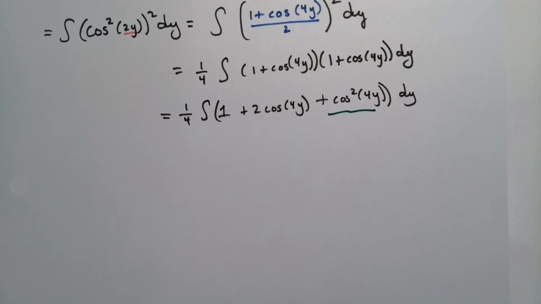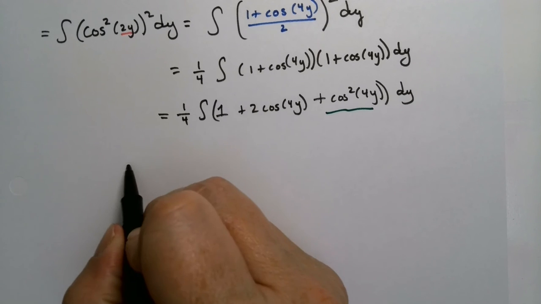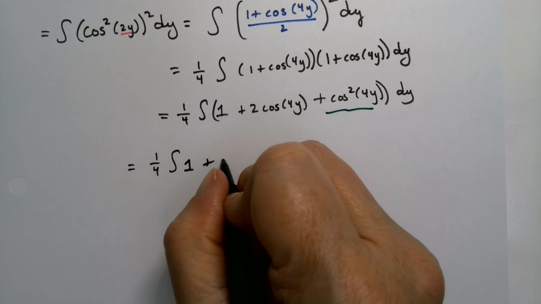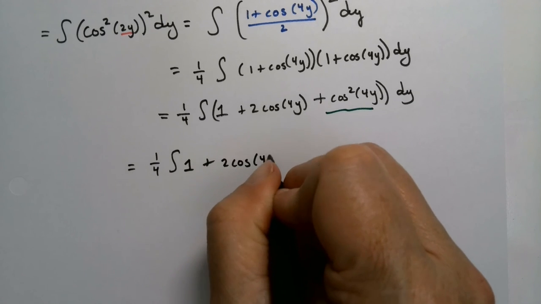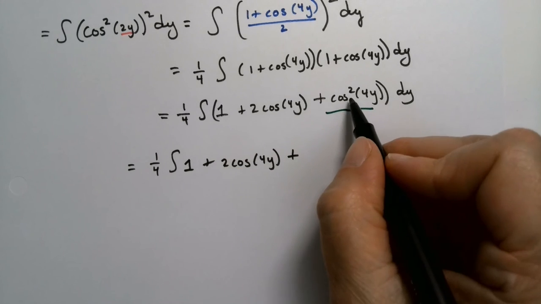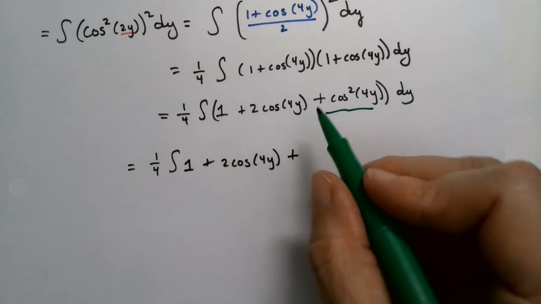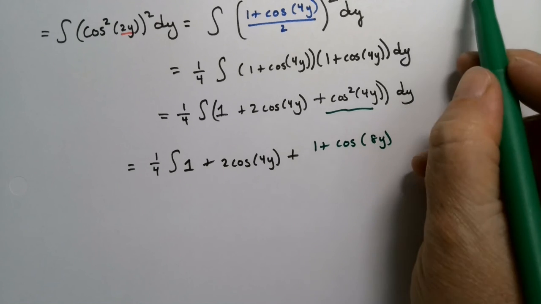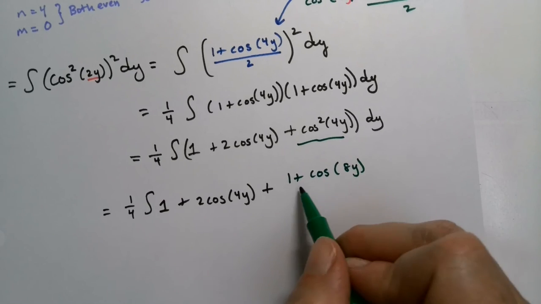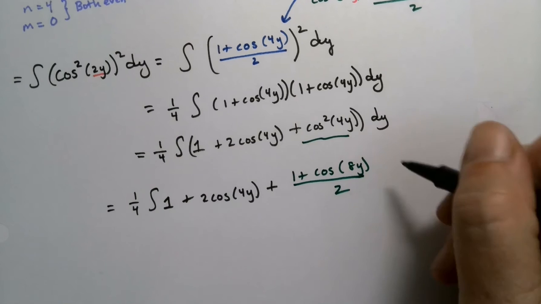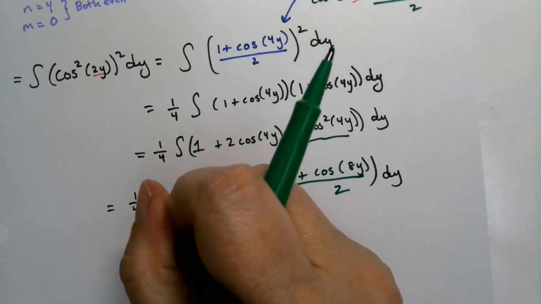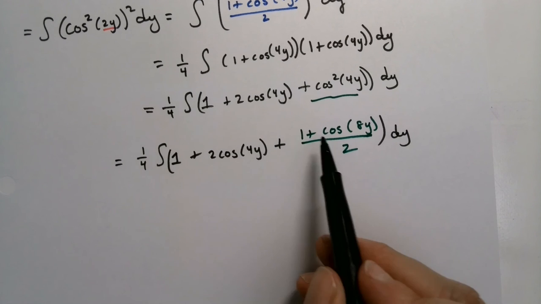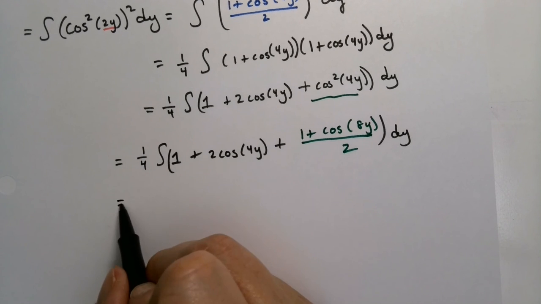So let me rewrite this one more time. This is equal to 1/4 integral of 1 plus 2 cosine of 4y plus, and then cosine squared of 4y is going to turn into 1 plus cosine of 8y, because 2 times 4 is 8, all over 2 dy. All right, so I can break that numerator up one more time.